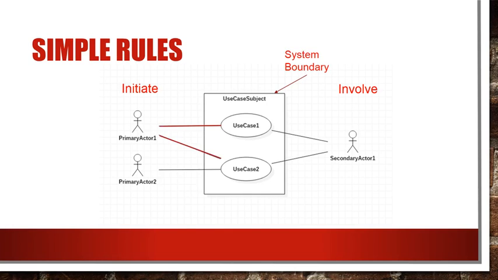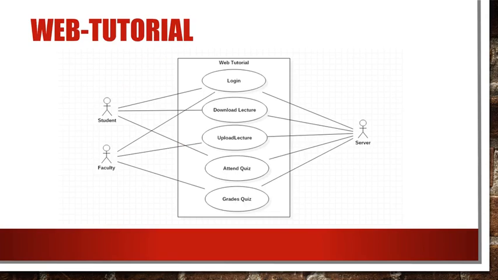We can explain this by means of an example, a web tutorial. A web tutorial consists of two primary actors. One is a student and the second one is a faculty. And the secondary actor is the server. There are a number of use cases such as login, download lecture, upload lecture, attend quiz, grade quiz, etc., which are included within the system boundary called web tutorial.